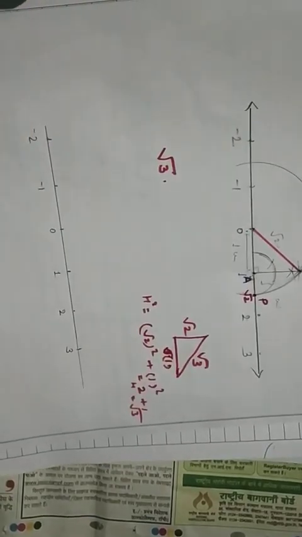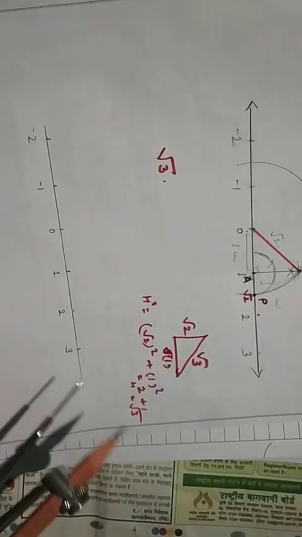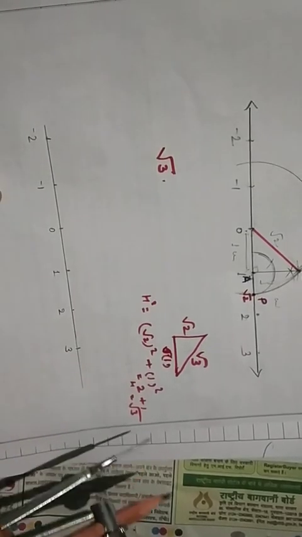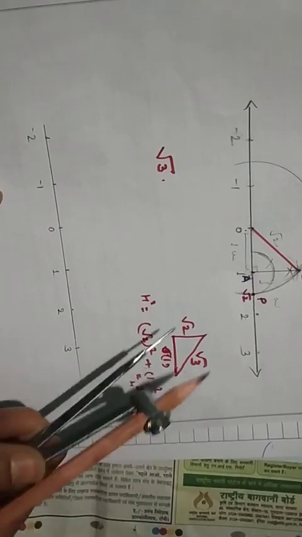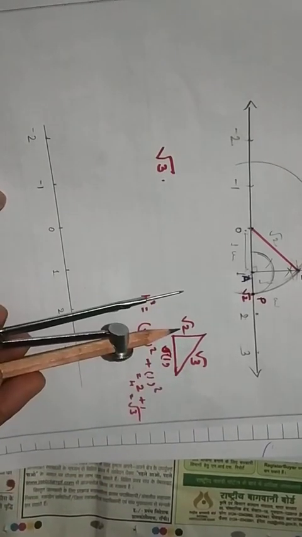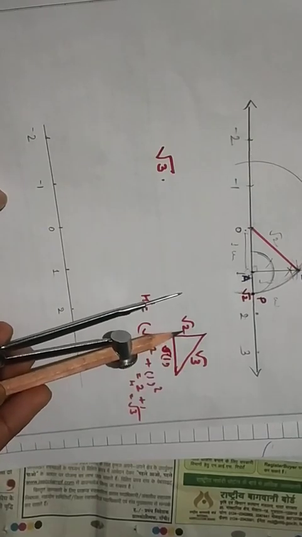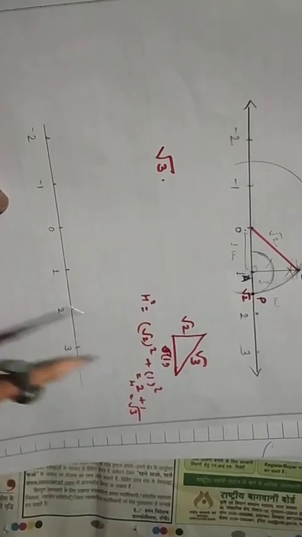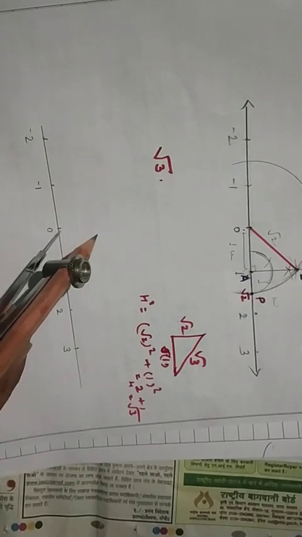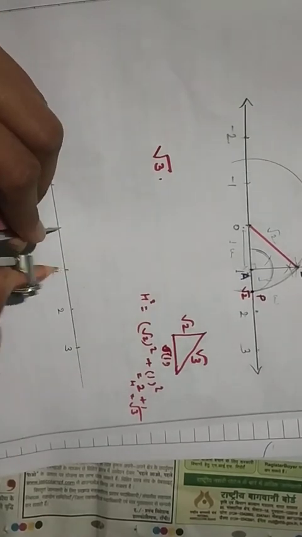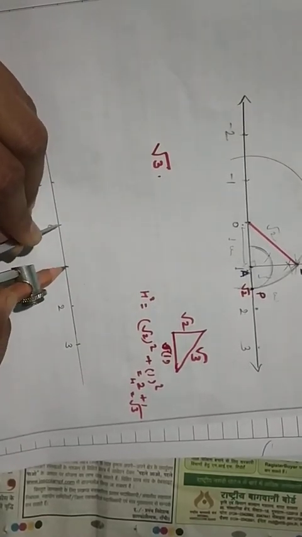So let's understand how to draw it on the number line. To draw under root 3, first of all we need to draw under root 2, because under root 2 squared and 1 squared would be equal to under root 3 squared. Okay, so we need to draw under root 2 first. So the same process we will do to draw under root 2.